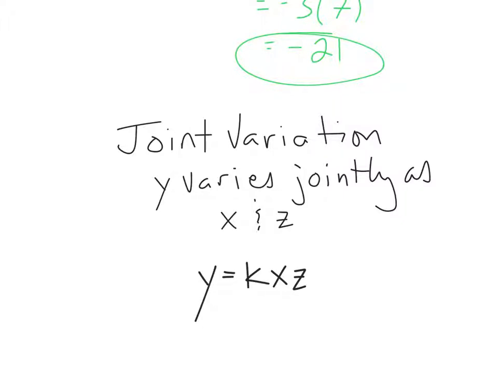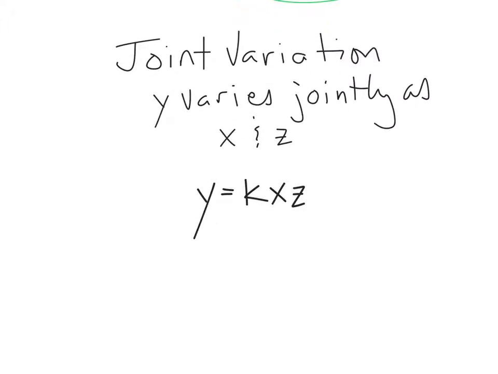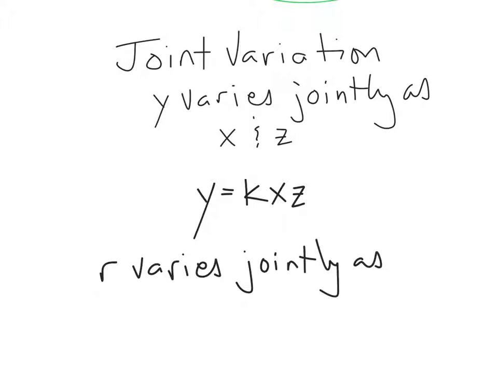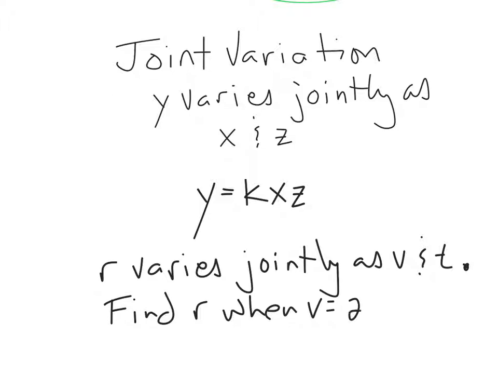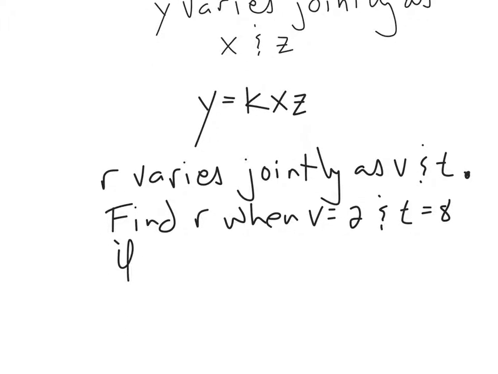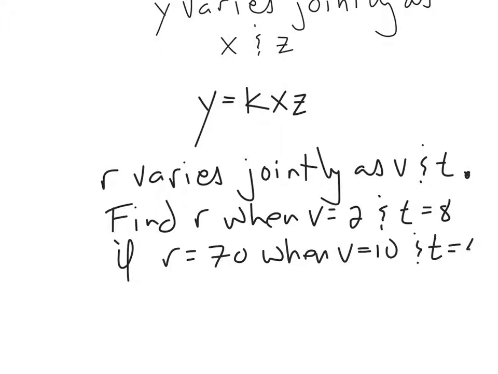So we'll run one of these real quick. If we tell you that R varies jointly as V and T, I want you to find R when V equals 2 and T equals 8 if R is equal to 70 when V equals 10 and T equals 4.